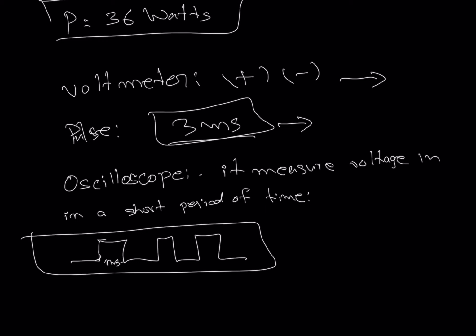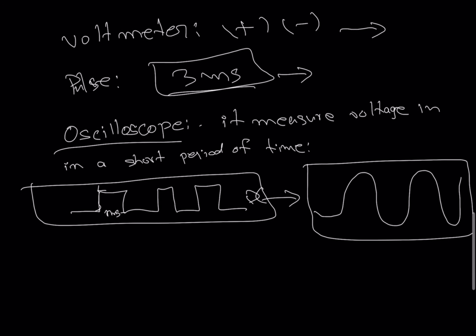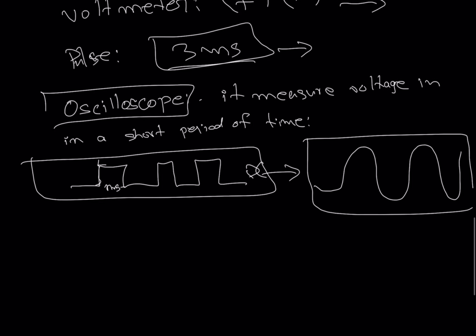It will give me the timing and the peak point, and that's how we get our reading, if that's a DC connection. But if we have AC, it will look somewhere like there. Either way, it gives us a two-dimensional picture in the oscilloscope. That's a good thing about it, because it's very convenient when we're dealing with small, short pulses. It is mainly used to measure voltage in a short period of time.